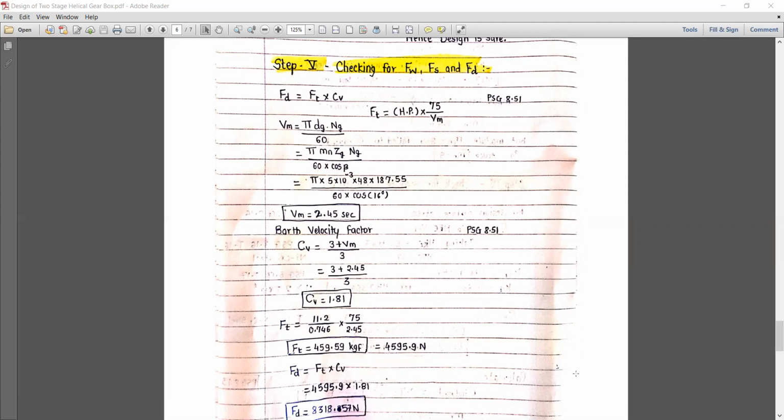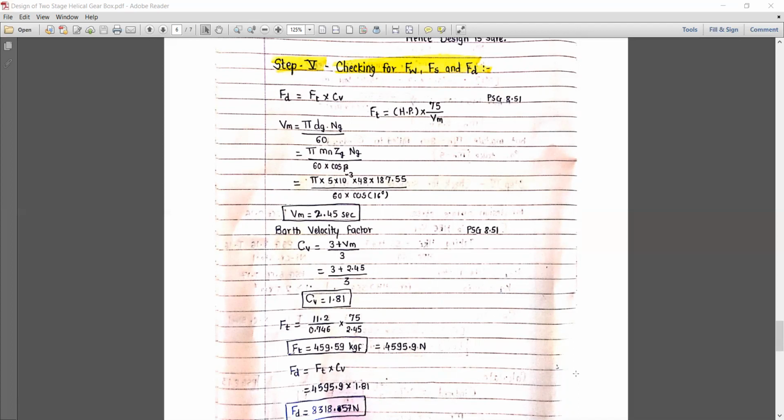Then the velocity factor CV, which we can find from PSG page number 8.51. CV is equal to 3 plus Vm divided by 3. Putting the value of Vm, we get CV equal to 1.81. Now we can calculate the value of FT.